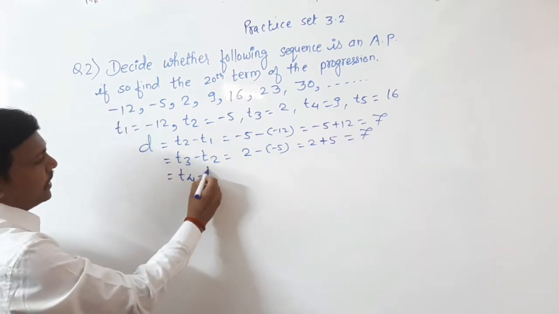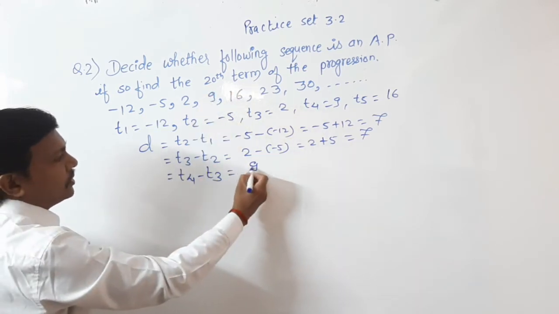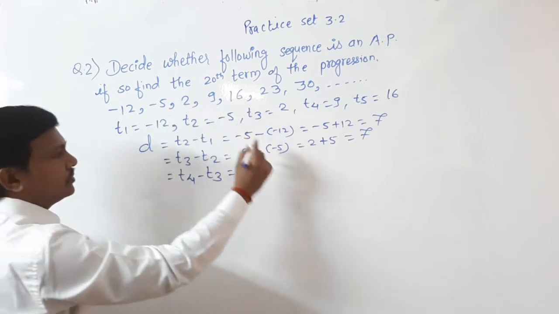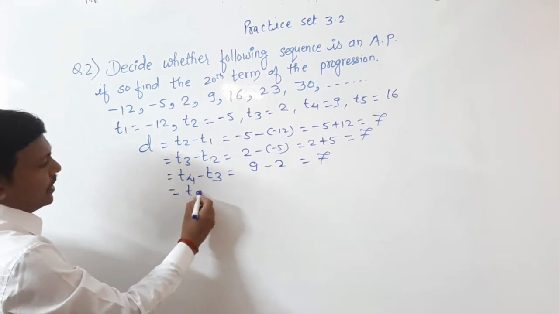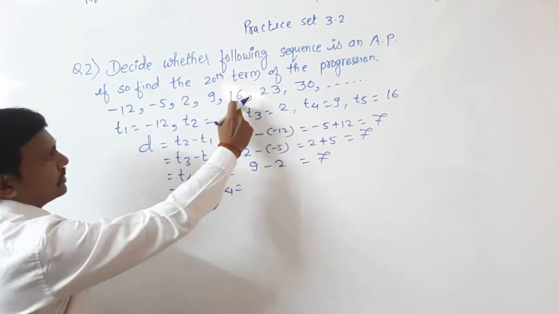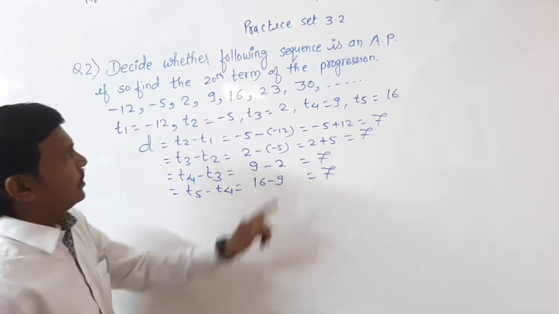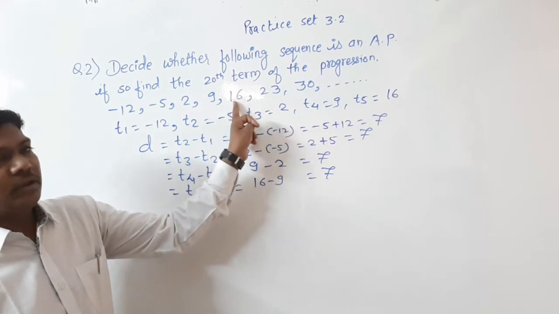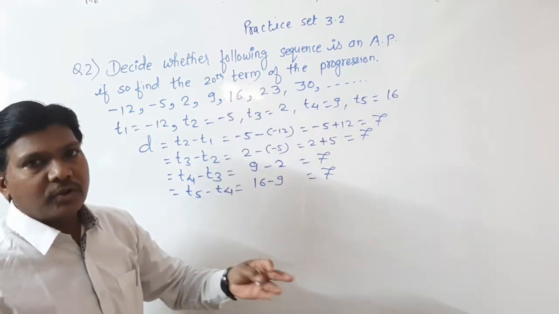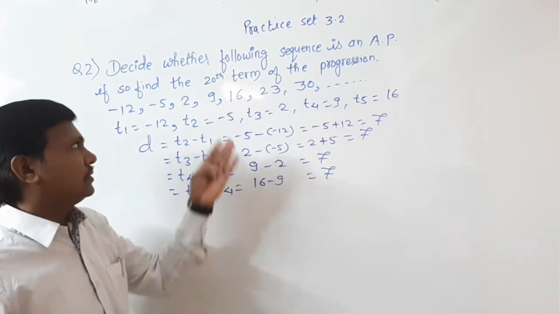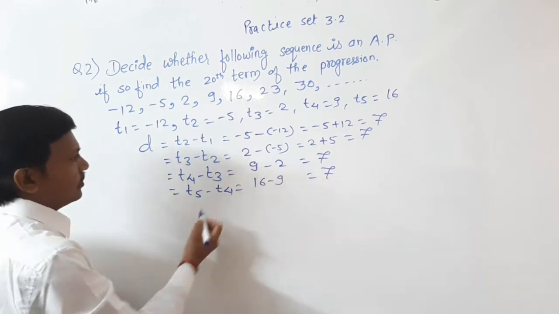Then T4 minus T3, the fourth term is 9 minus the third term 2, so 9 minus 2, again it is 7. Then T5 minus T4, 16 minus 9, that is again 7. Similarly 23 minus 16 is 7. 30 minus 23 is 7. So the common difference between two consecutive terms is constant, so it is an AP. So how can we write here?